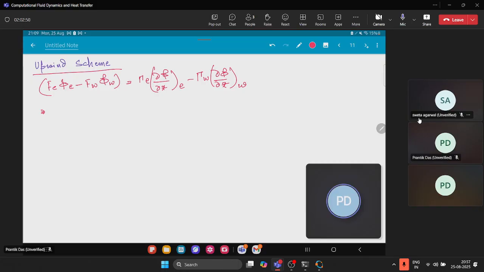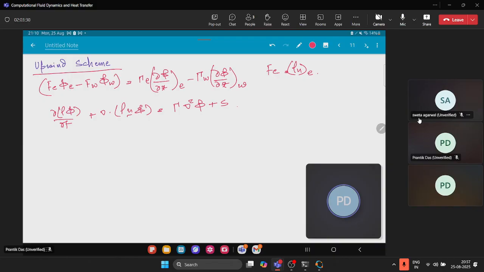Okay. So Fe is basically your rho UE, and this actually comes from the general transport equation. So if you are unable to get hold of it, I will derive it for you. So d rho phi dt plus del dot rho U phi minus del dot gamma grad phi equals the source term.